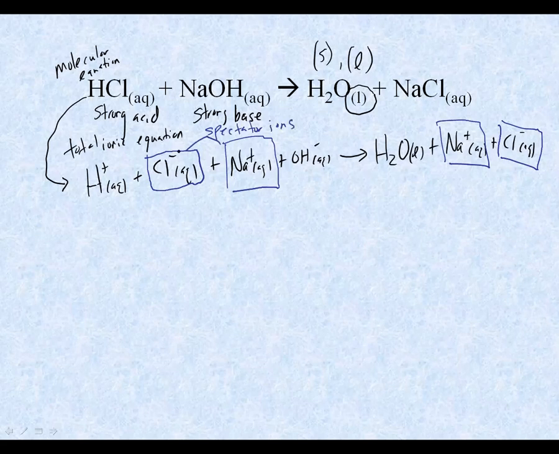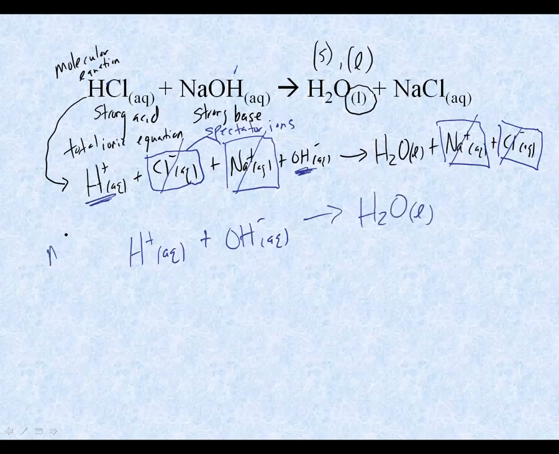Just like we did previously, we would cancel those out on both sides. What that leaves us, as we saw on the previous page, is ultimately what is happening when you take a strong acid and a strong base together: the H plus from the acid will combine with the OH minus from the base. And those two, when they come together, make water. And this is what our net ionic equation will look like.